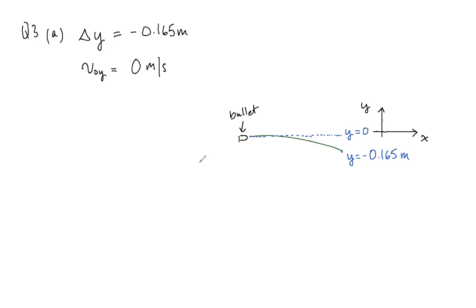Because gravity accelerates things down toward the ground. Okay, and so what is the y component of the acceleration? Well, that is equal to minus g, and that is equal to minus 9.80 meters per second squared.